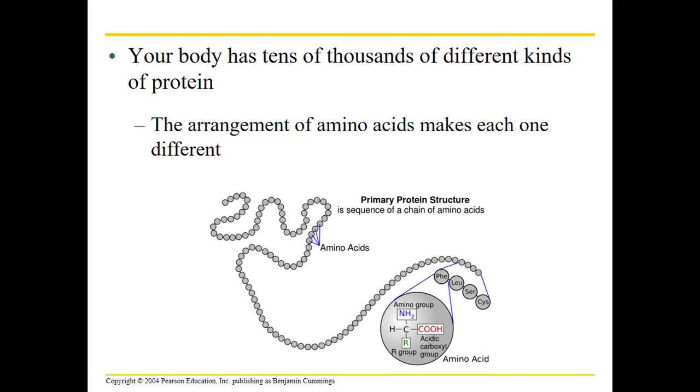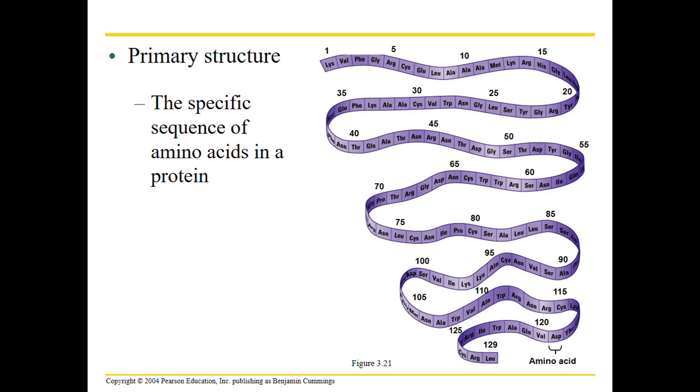And our body has tons of different proteins and protein structures. So, for example, this is a primary protein structure, and this is just a chain of amino acids. A primary structure is one-dimensional, so the order of amino acids is put together specifically.